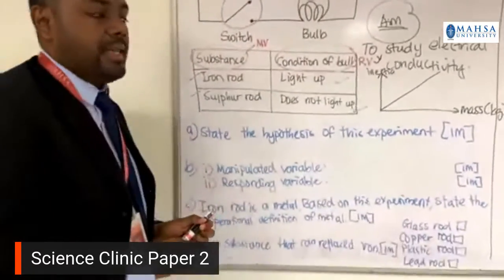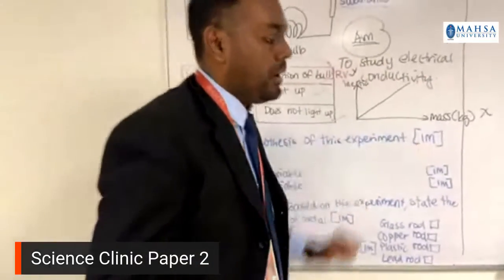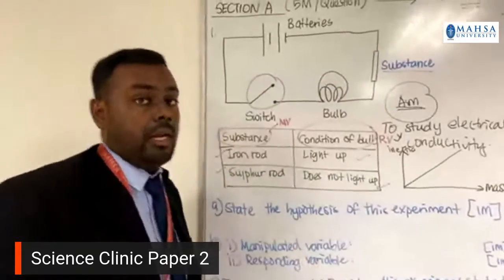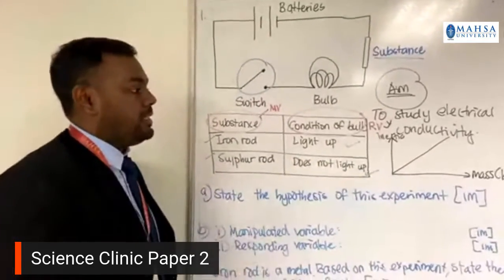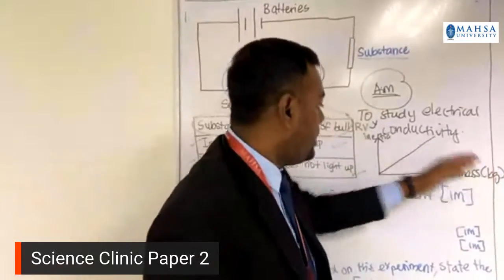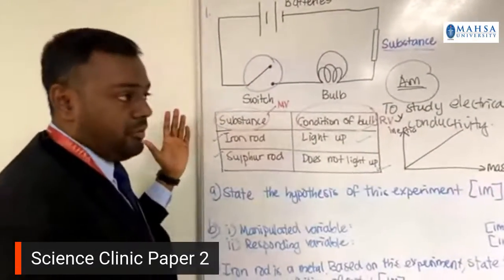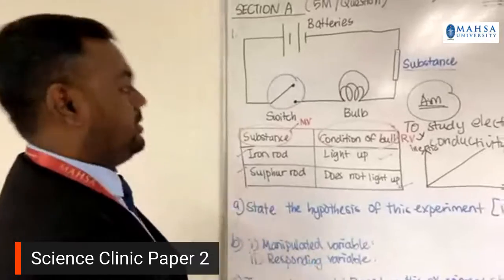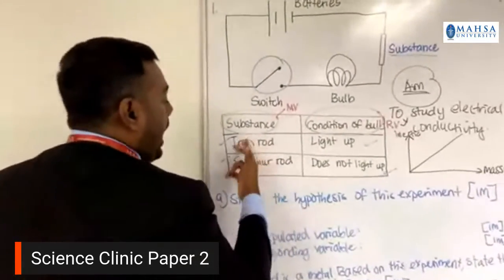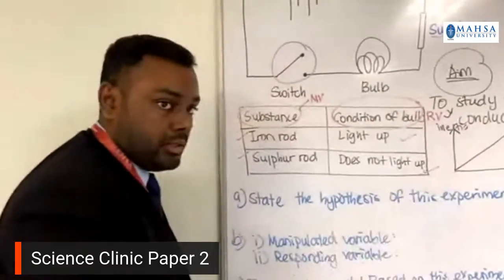Okay, now let's look at the question. The first question asks for the hypothesis of this experiment, and the marks allocated is 1 mark. Hypothesis can be written in 2 ways. The first is you can get it from the graph, so we say: the greater the mass, the greater the inertia. But for this question, I don't have a graph, so how do I get the hypothesis? No worries, just use the result. The result is that the iron rod conducts electricity. That is the hypothesis.